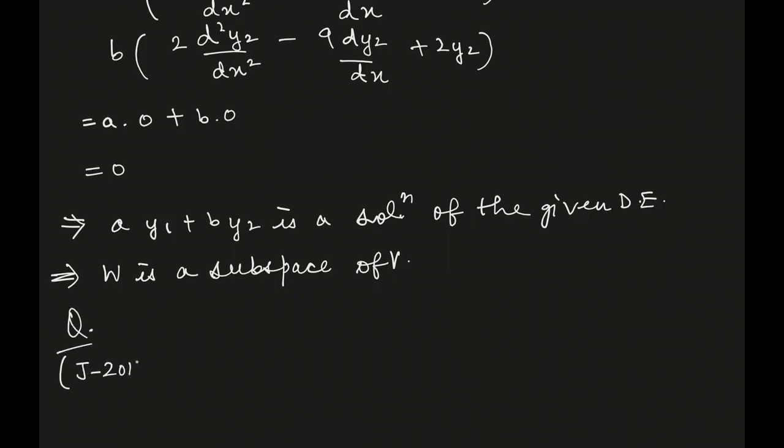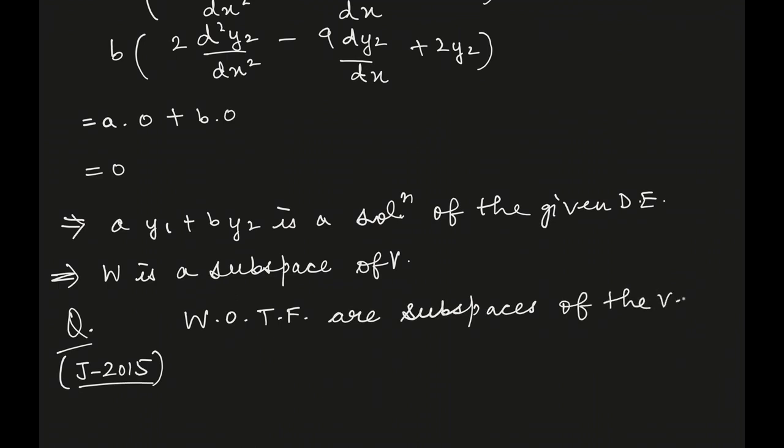Now try this question. This is from the June 2015 question. Which of the following are subspaces of the vector space R cube? A part: x, y, z such that x plus y is 0.